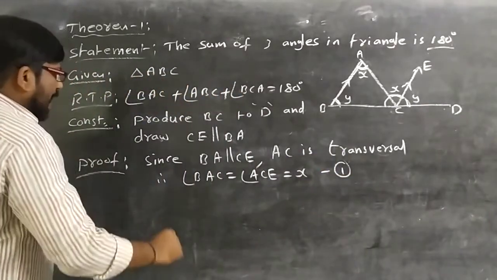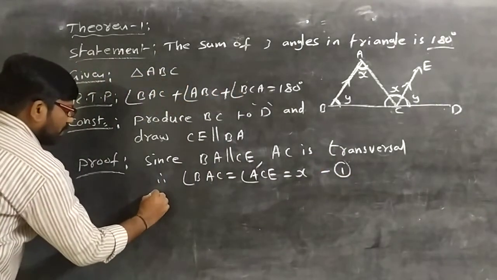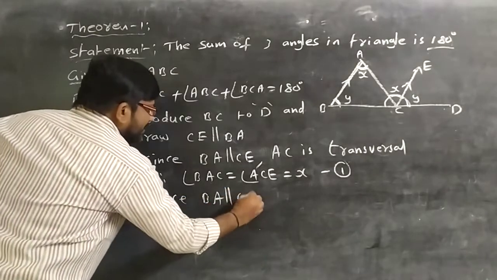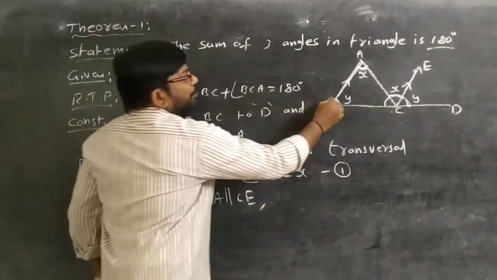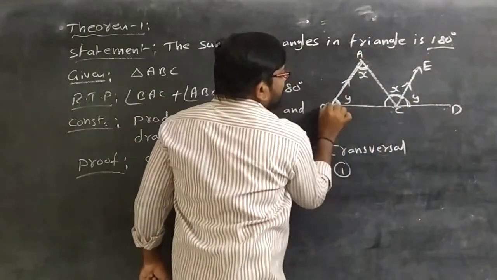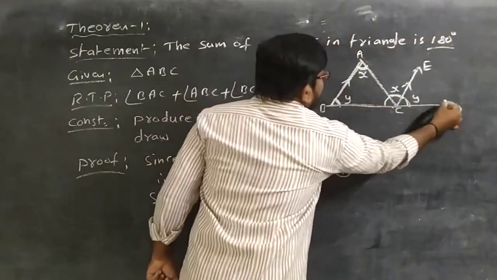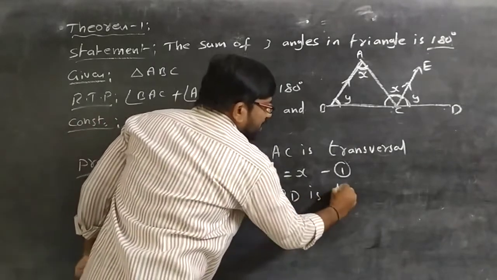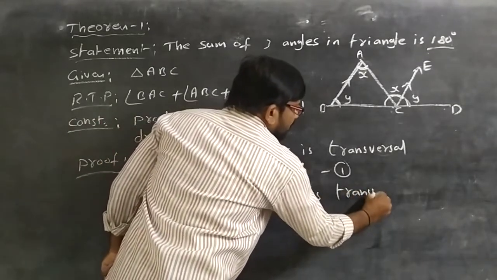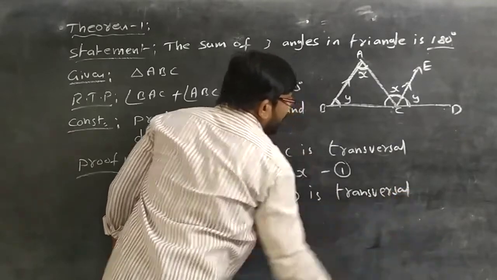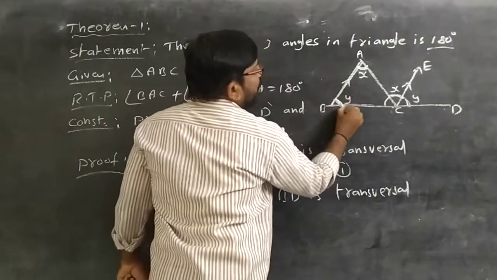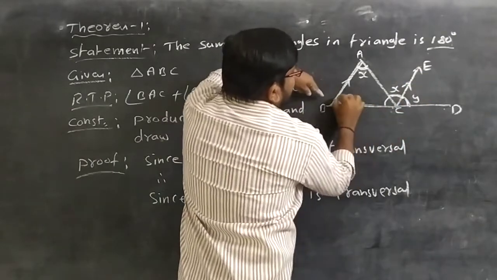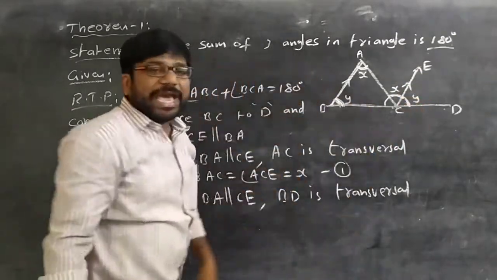Leave it. And since BA is parallel to CE, BD is a transversal. Then what about these two angles? These two are corresponding angles.